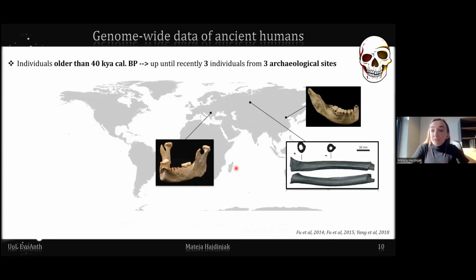Those are the 45,000-year-old Ust-Ishim individual from Siberia in present-day Russia, the approximately 40,000-year-old Tianyuan individual from China, and the 40,000-year-old Oase 1 individual from the area of present-day Romania.